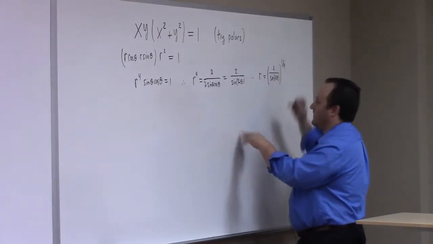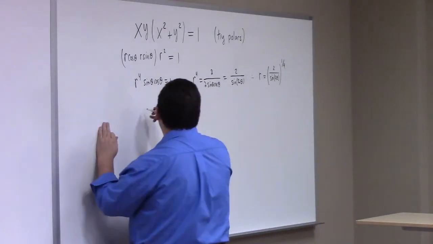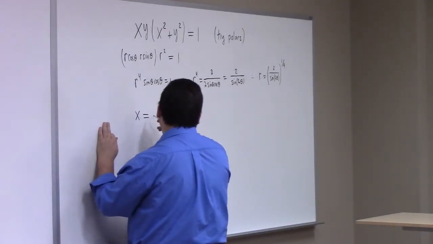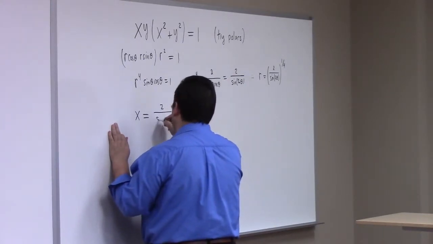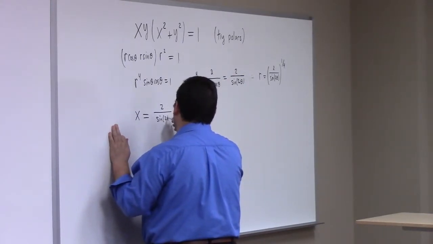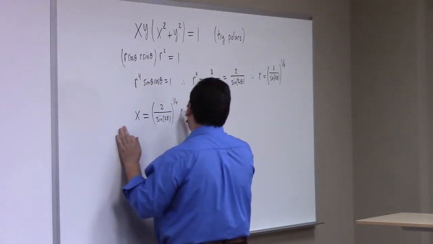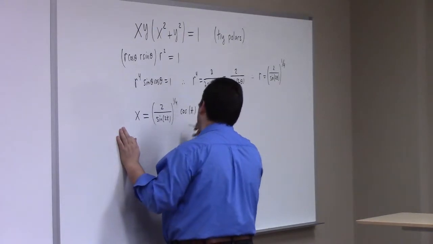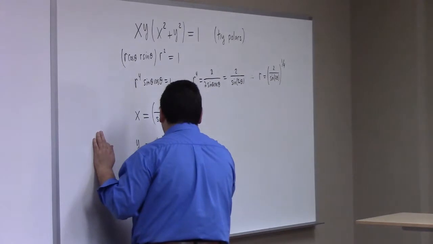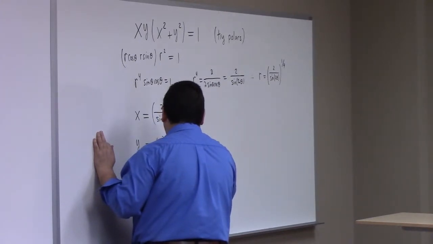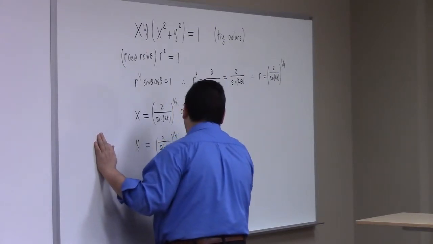And that allows me to create the following natural parameterization. I can do x is equal to 2 over sine of 2t to the 1/4 cosine of t, and y is equal to 2 over sine 2t to the 1/4 power sine t.